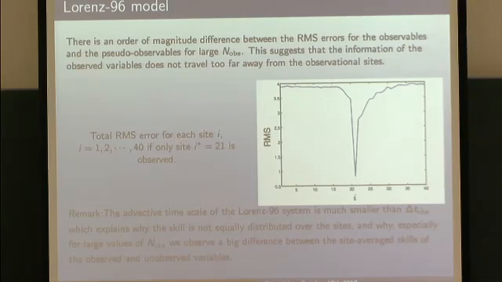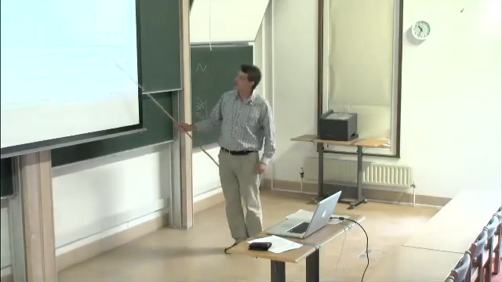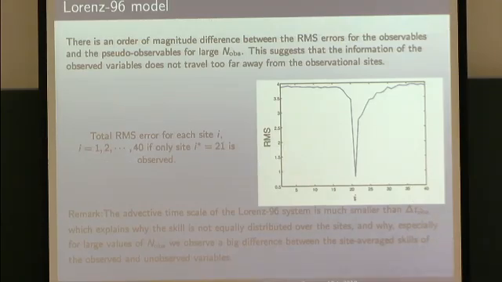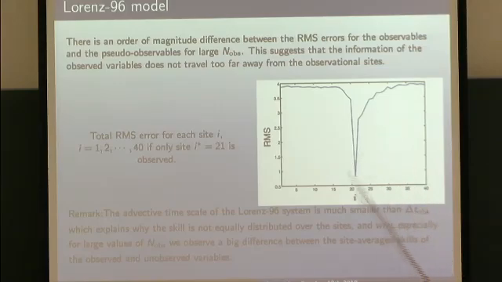The advective time scale of the Lorenz system is much smaller than the delta T_obs we're using here, so it can't really propagate information that far. And the asymmetry is because there's an asymmetry in the actual equations.